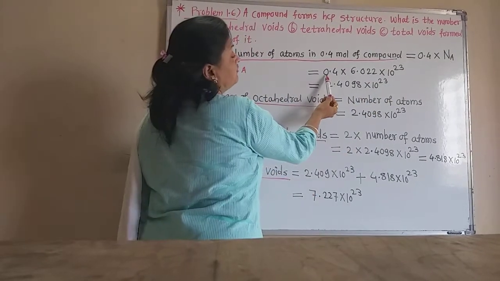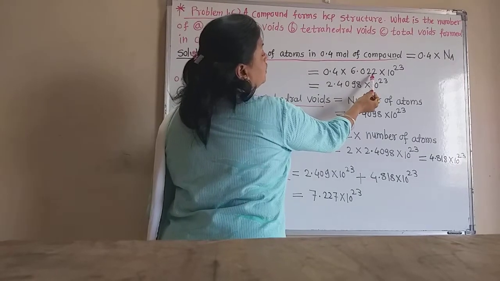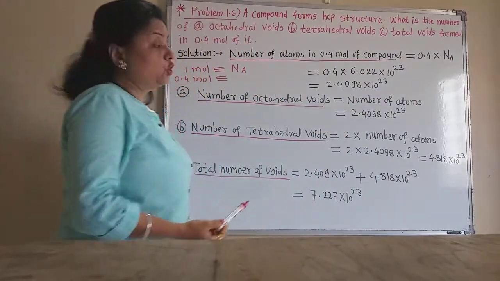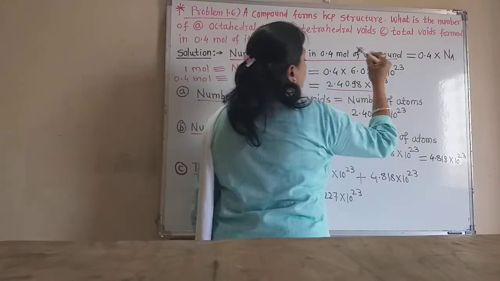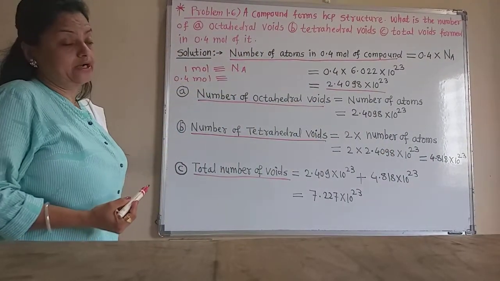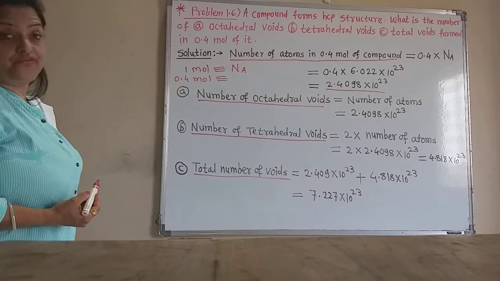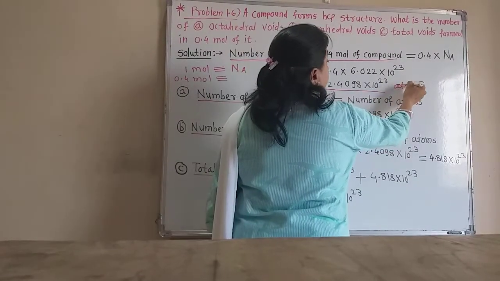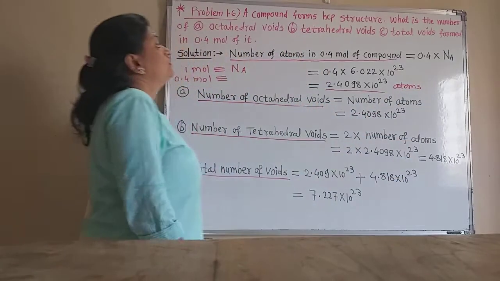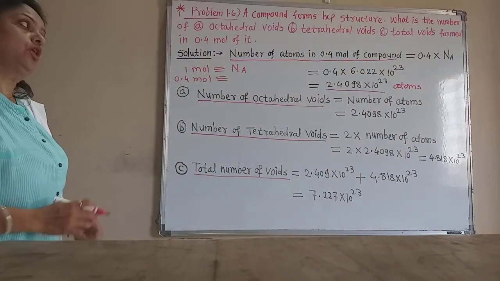So on multiplying 0.4 into 6.022 into 10 raised to 23, we obtain the value 2.4098 into 10 raised to 23 particles. Now these are the atoms present in the 0.4 mole of the compound.